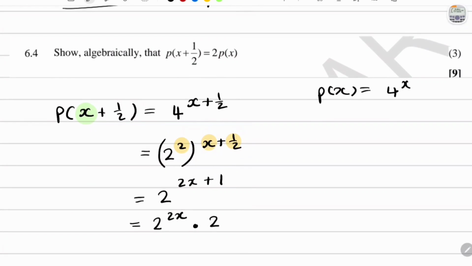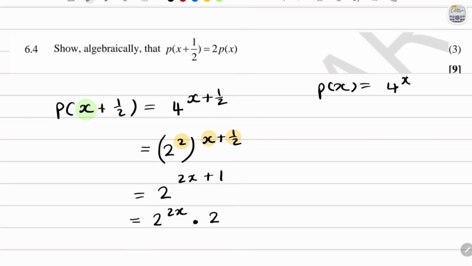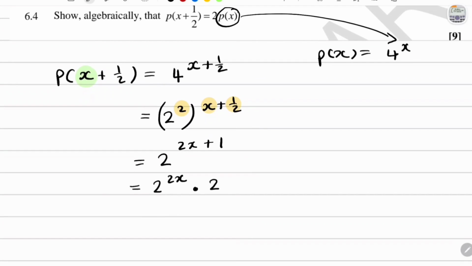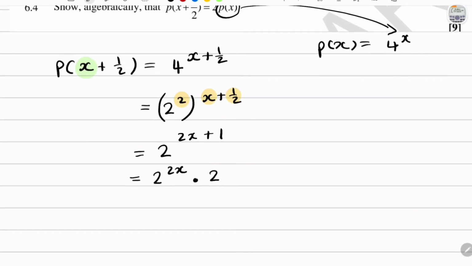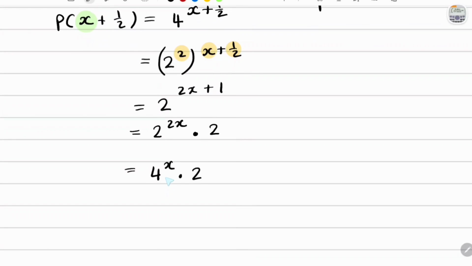So where's the p of x coming from? Well, you know what p of x is. P of x is 4 to the power of x. And here we have 2 times 2 to the power of 2x. But if you simplify 2 to the power of 2x, it's really 2 squared to the power of x. 2 squared is 4 to the power of x multiplied by 2. So there we have 4 to the power of x times 2.